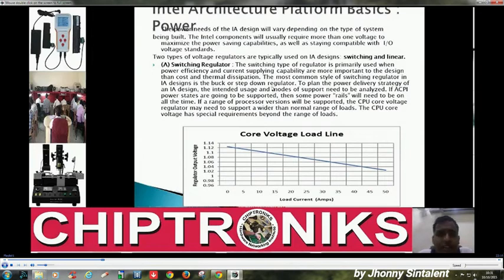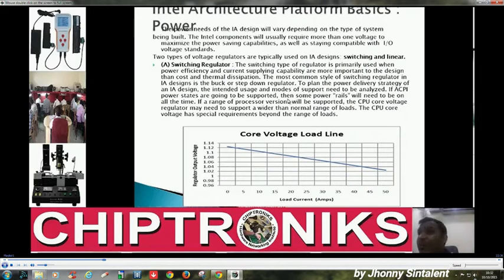We have already discussed that the most common kind of switching regulator used in a notebook motherboard is the buck regulator. Buck means lower down. We always require lower voltages from input voltages in a notebook motherboard, right? We hardly find a scenario where you require more voltage.